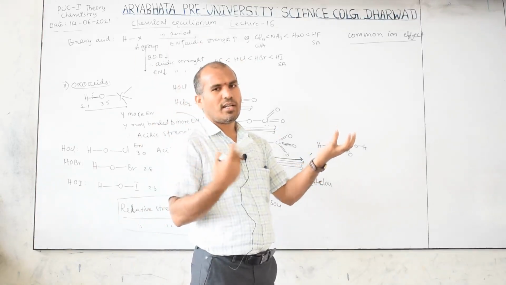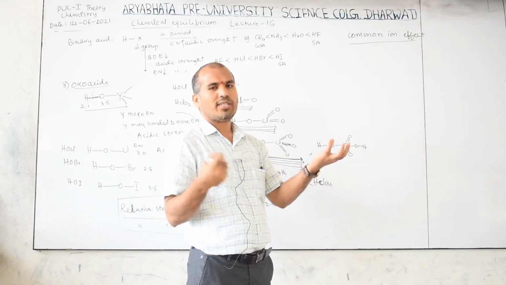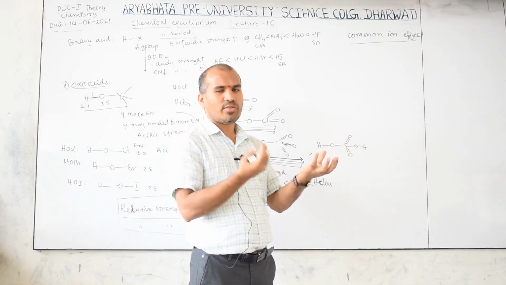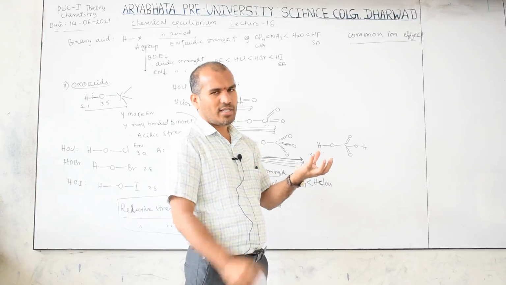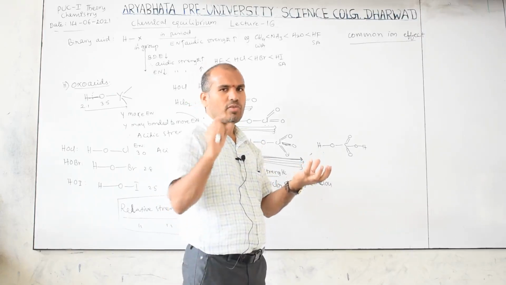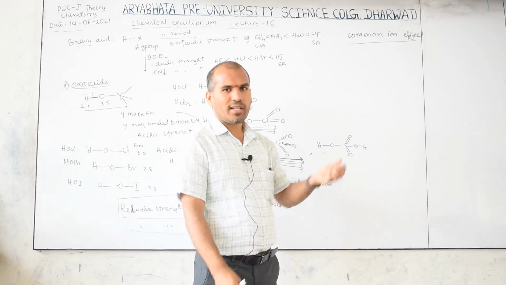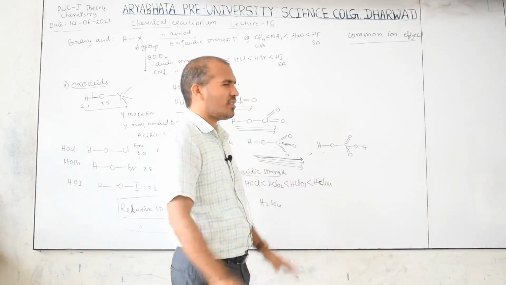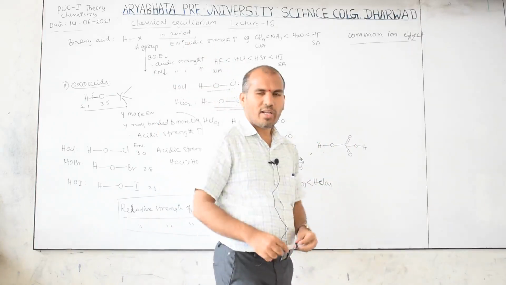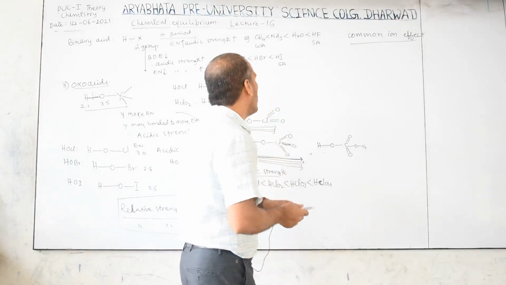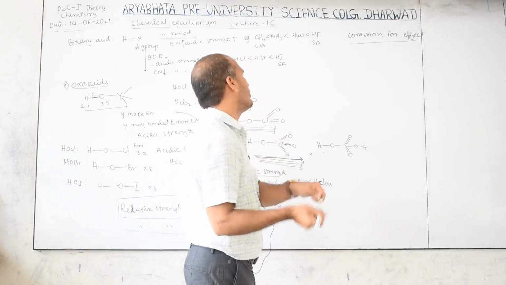When HCl dissociates into H plus and Cl minus, acetic acid dissociates into acetate and H plus. So here the common ion is which one? H plus ion. So when you add a common-ion-containing electrolyte, its dissociation will decrease. That is the concept actually. The common ion effect decreases the dissociation of a weak electrolyte.